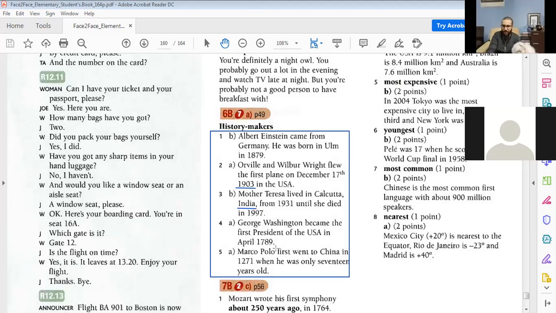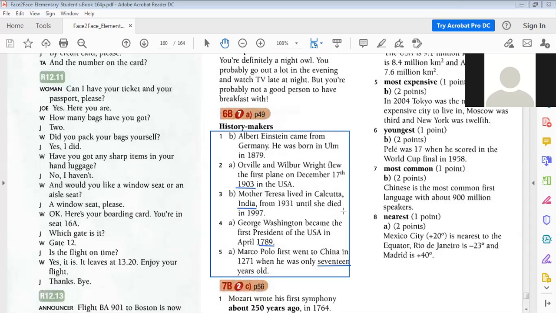And George Washington became president in 1789, which is correct. And also Marco Polo, he was only 17 when he went to China. So this means your answers are correct, right? Your guesses are right. Yes. Yeah, very nice.